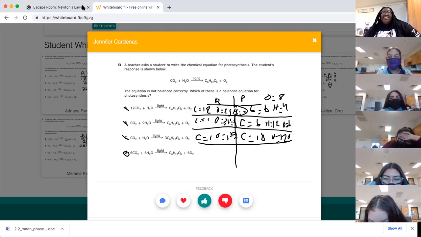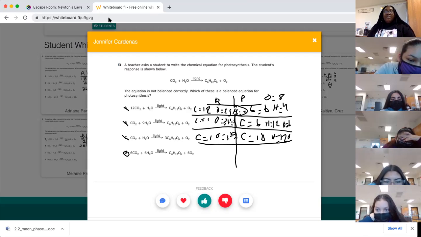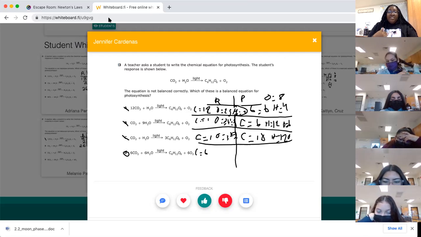So Jennifer made a RAP chart for each one of her answer choices. And as she completed her RAP chart and recognized that they are not balanced on each side, she eliminated them until she came up with the one that was balanced, which was D, where there were 6 carbons on both sides, 12 oxygens on both sides, and 12 hydrogens on both sides.